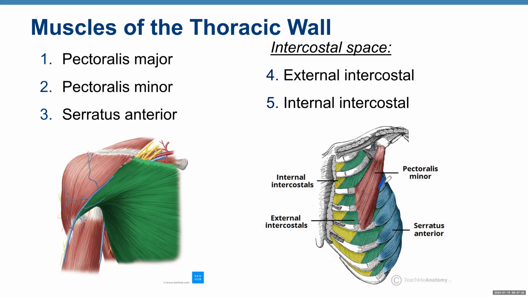Serratus anterior is on the side, so it will be right here. So here's the muscle shown. That's the midline. So that's serratus anterior. And in the intercostal space, you have external and internal intercostal muscles. So here's external and here's internal, shown in yellow.